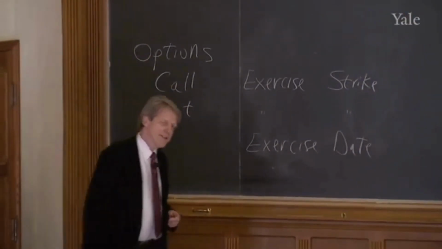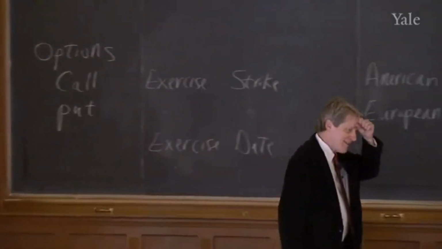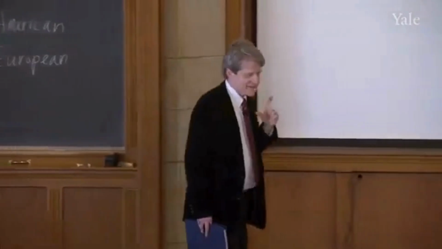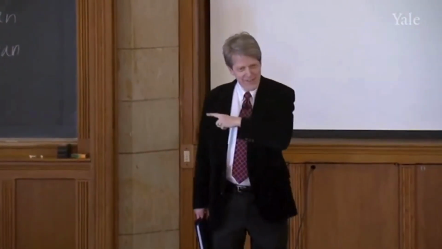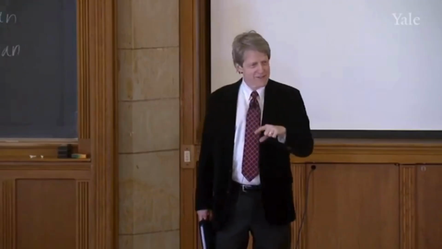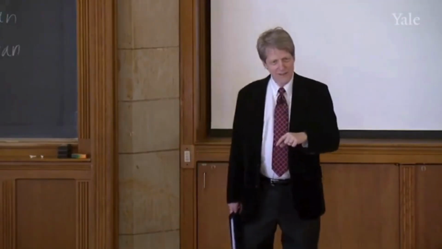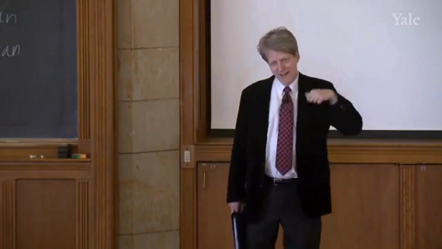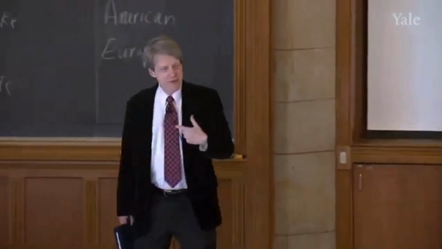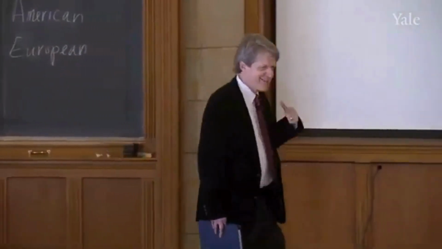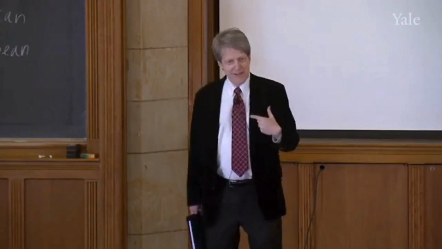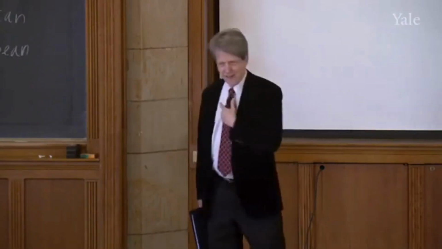Let me mention some other examples of options. The usual story is the stock option. You go to your broker and you say, I'd like to buy an option to buy 100 shares of Microsoft. I don't want to buy Microsoft, I want to buy an option to buy Microsoft, which happens to be cheaper, by the way, usually. It usually costs more money to actually buy the thing than to buy the right to buy the thing at another price.